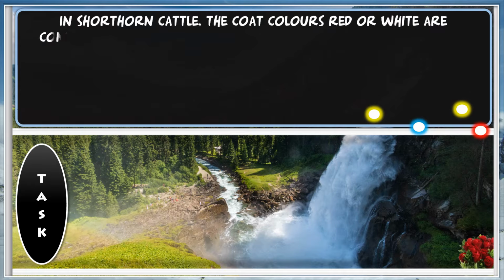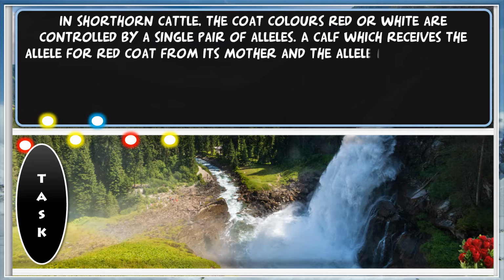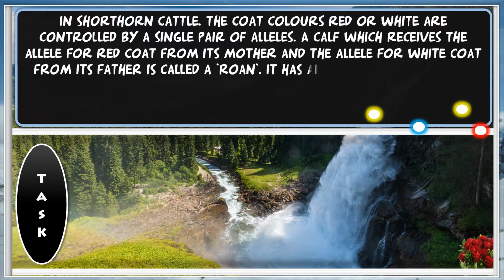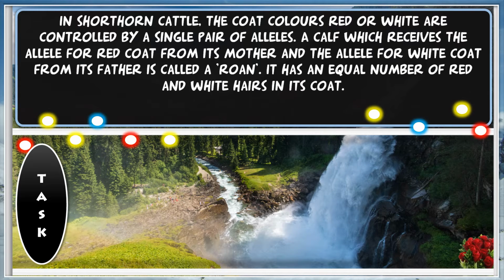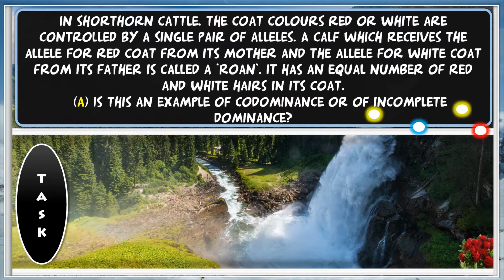In short-horn cattle, the coat color red or white are controlled by a single pair of alleles. A calf which receives the allele for red coat from its mother and the allele for white coat from its father is called a roan. It has an equal number of red and white hairs in its coat.